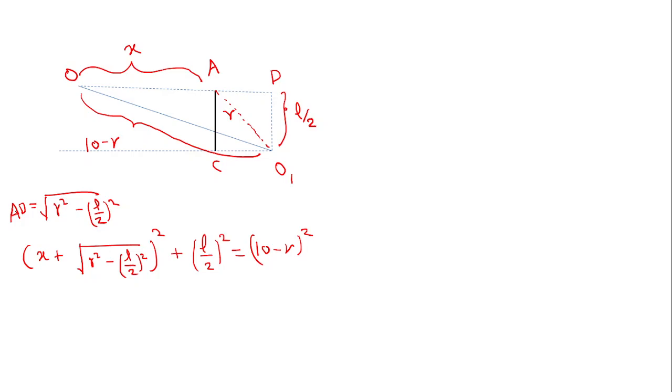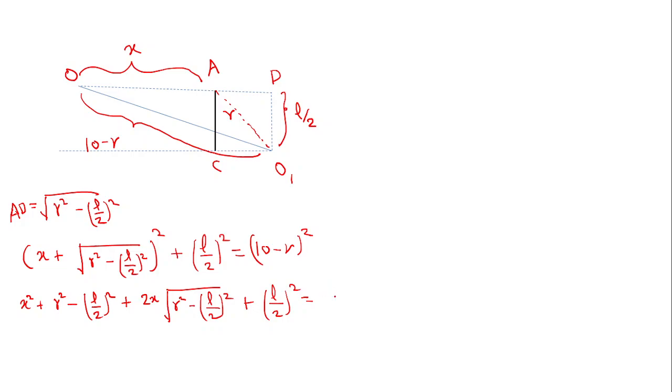Okay. Now if you simply solve it, many of the things will cancel out and you get X square plus R square minus L by 2 square plus 2X times under root R square minus L by 2 square plus L by 2 square is equal to 10 minus R square.